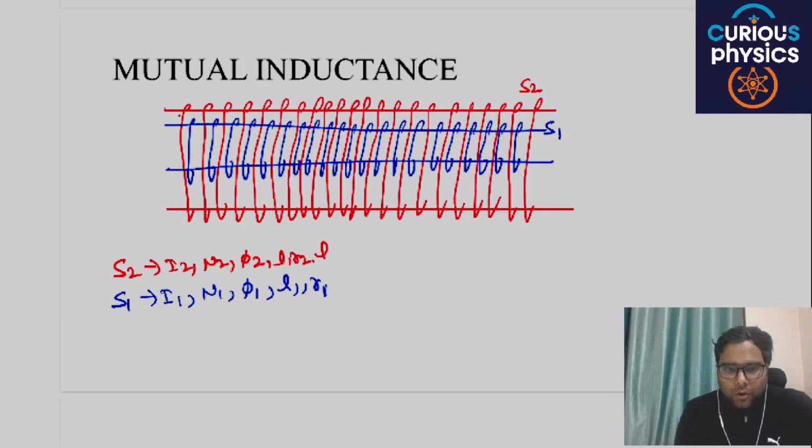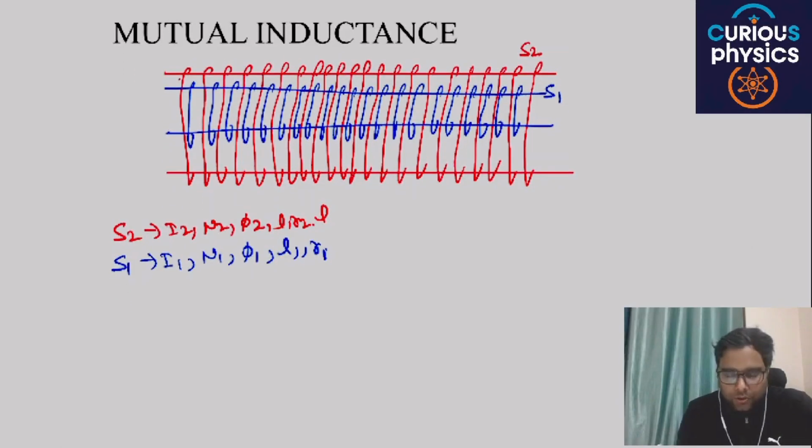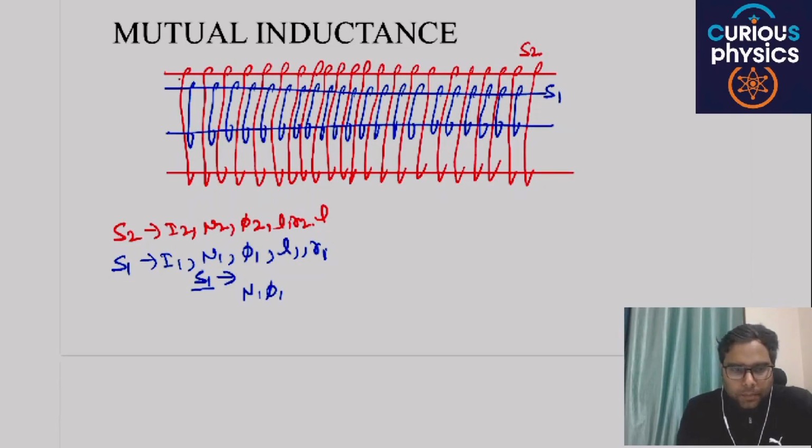According to inductance, let's say the flux passing through solenoid S1, N1 phi 1, is directly proportional to the current passing through solenoid 2.